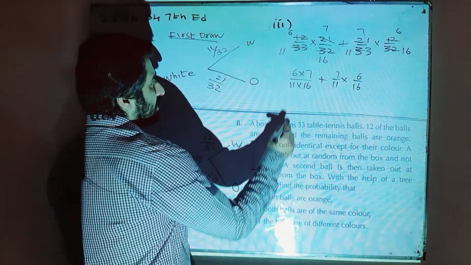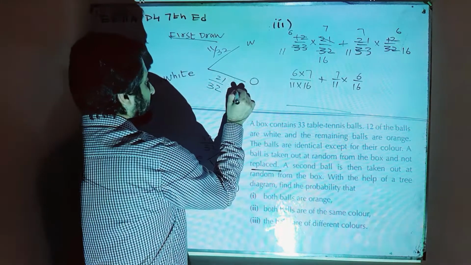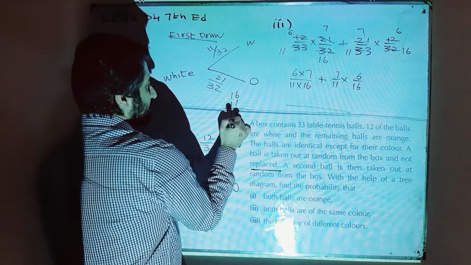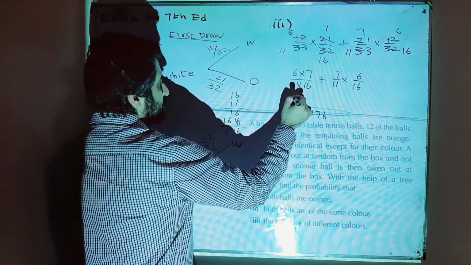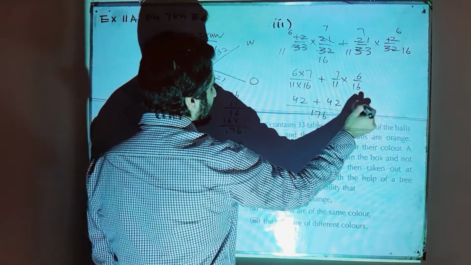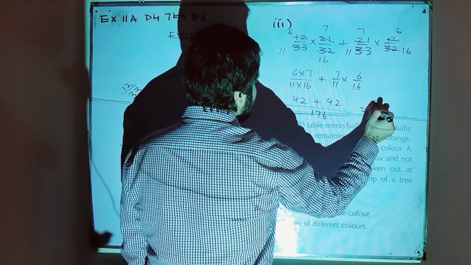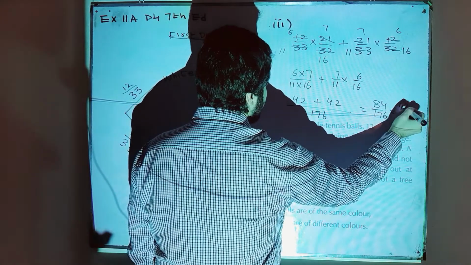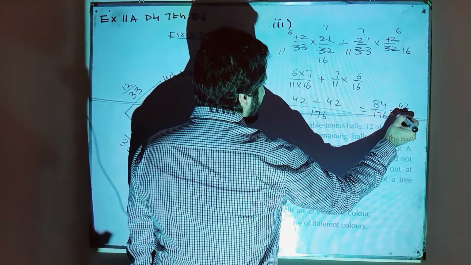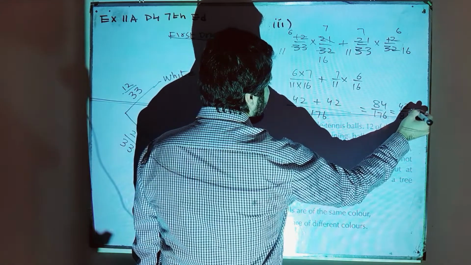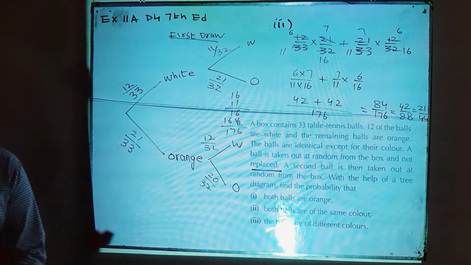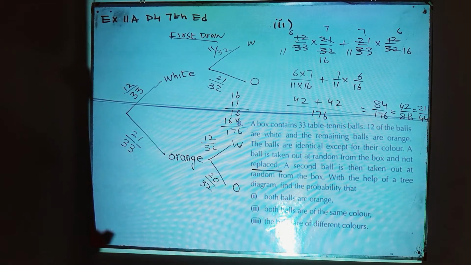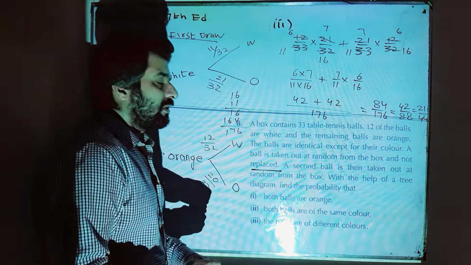So you can have the LCM 11 into 16, which is 176. 7 into 6 is 42, 7 into 6 is 42, that is 84 over 176. You can simplify it: 4 twos are 8, 4 fours are 16, and so on. Further simplification can be done to 21 over 44. So this is the solution, 21 over 44, for question number 8, part number 3 from exercise D4.